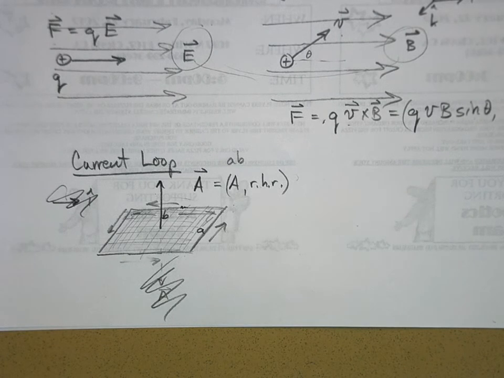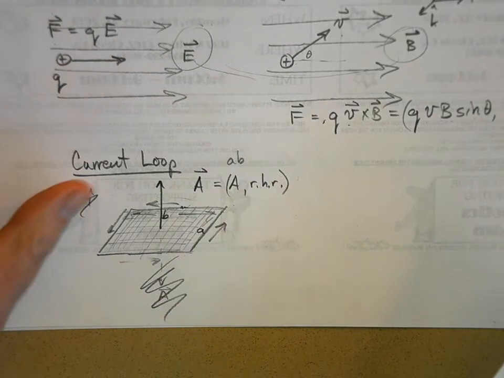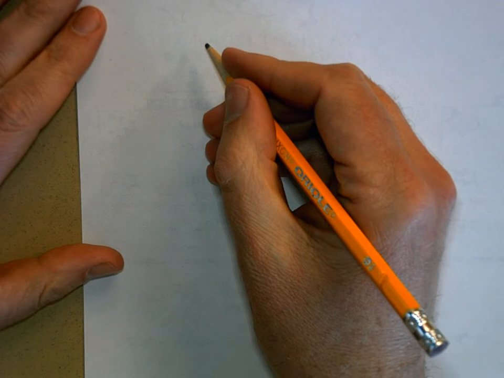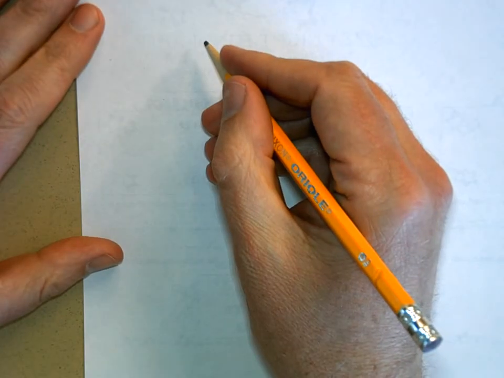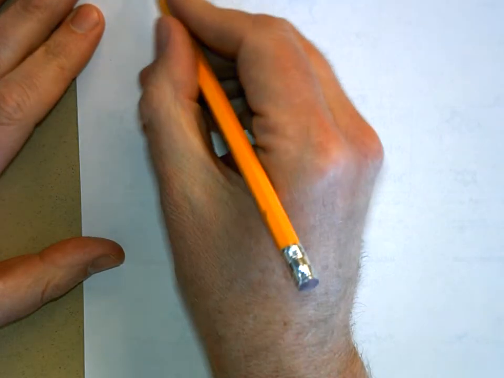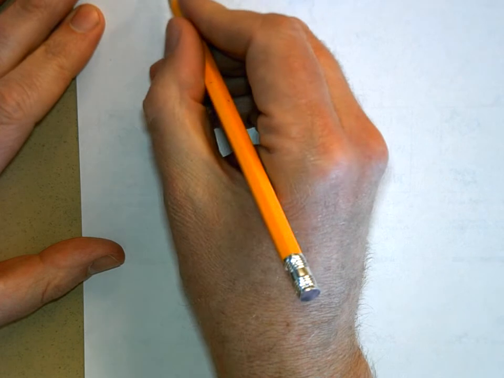Now what we're going to do is look at loops of current in constant uniform magnetic fields. Okay, so let's do one like this. Let's imagine a loop.